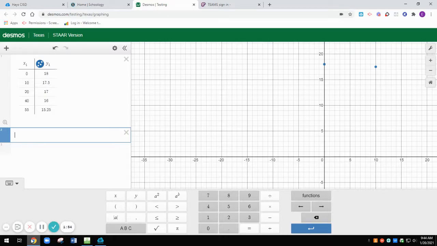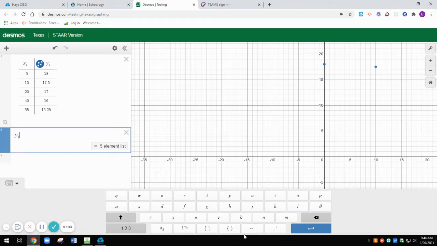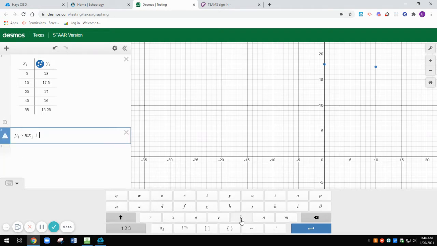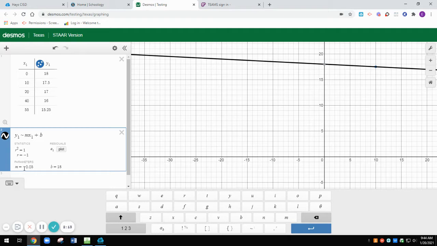So if I go back to Desmos in this second line, I'm going to type y1, click the ABC keyboard, and the tilde is down here at the bottom. mx1 plus b. The numbers I'm worried about are these parameters at the bottom, the m and the b.